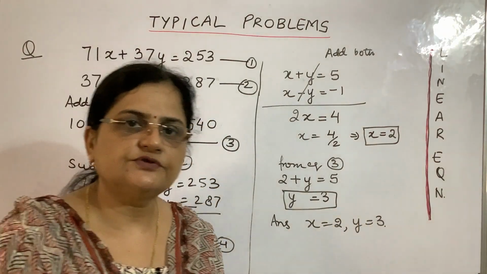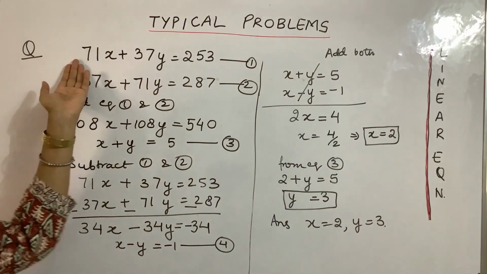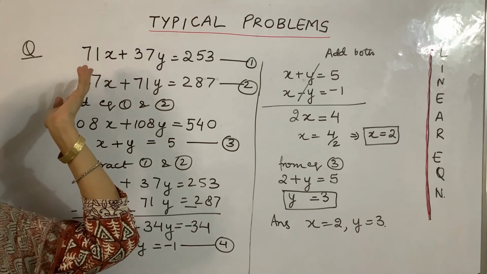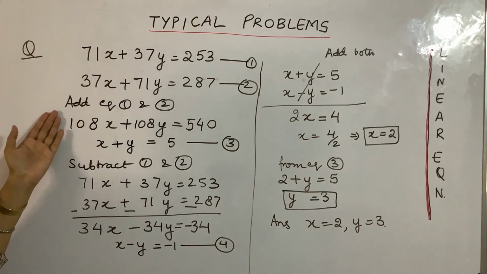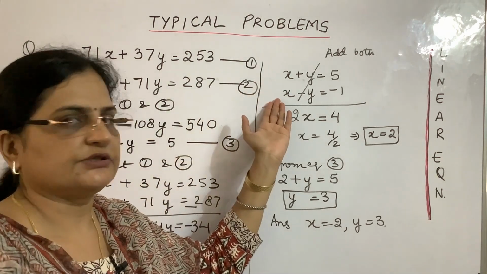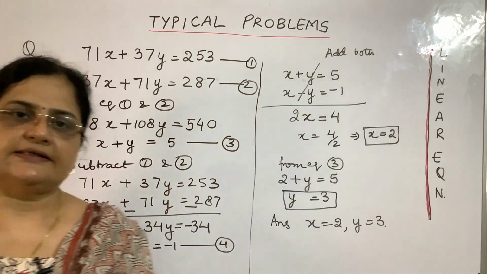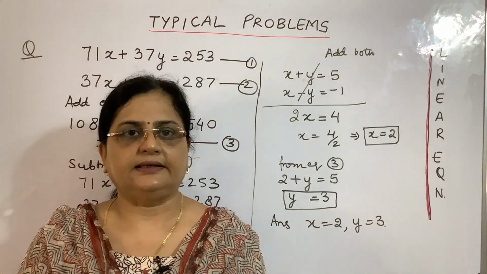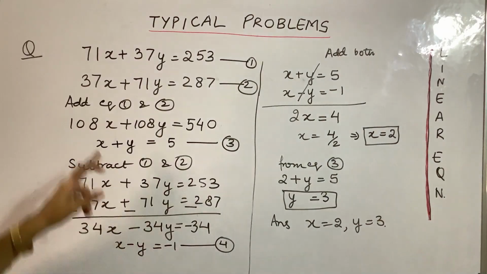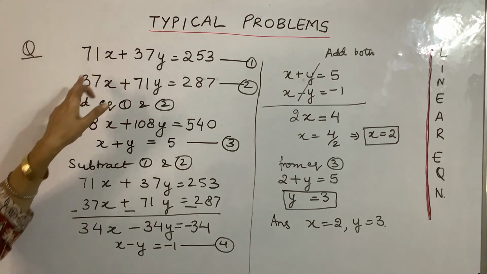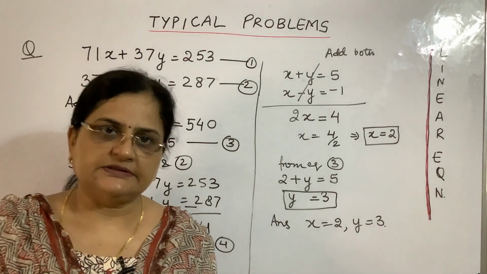So the equation, which was appearing to be very difficult, and it appeared as if it will involve a lot of calculations, once you adopt this method, add and subtract, it converts into very simple equations and it hardly takes any time to solve. So you must remember this adding and subtraction technique for these kind of equations in which the coefficients of x and y in these two equations appear to be the same.